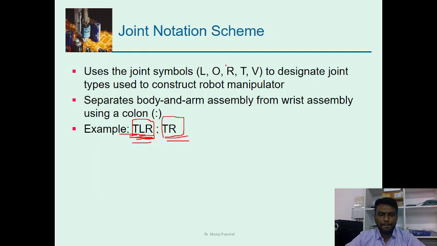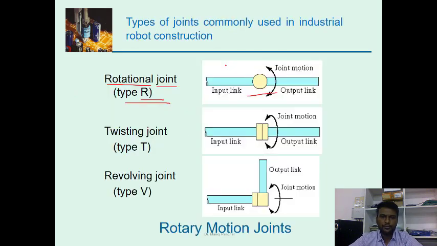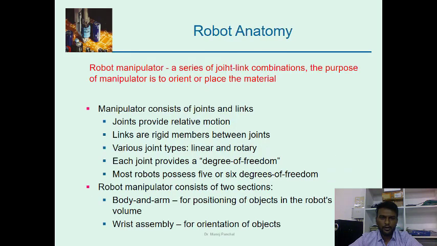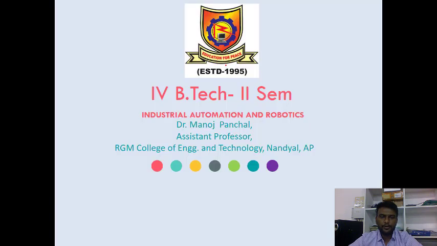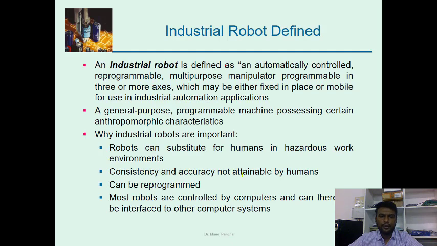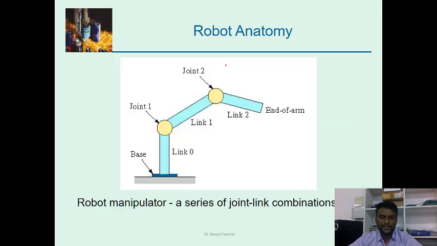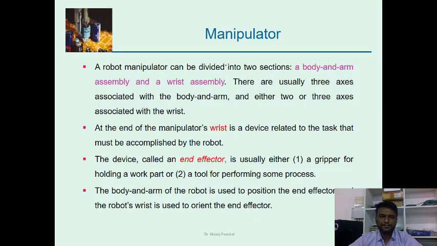Okay, thank you everyone. Just for your recap, what we have seen today is the definition of the robot, what a robot is, the analogy of the robot with the human anatomy, and the structure of the robot. The robot consists of 3 things: the body and arm, the wrist assembly, and the end effector, right?